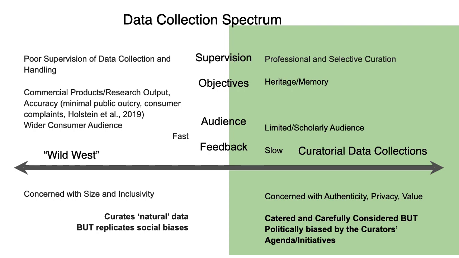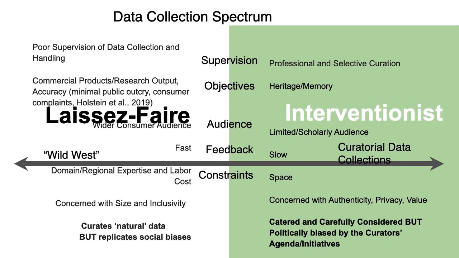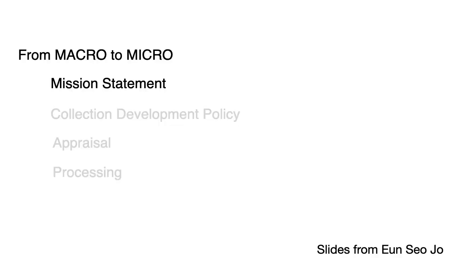But what we'd like to argue is that even in our case, it is biased by our agenda and initiatives. It's just that we don't really acknowledge them. So we call the Wild Wild West spectrum laissez-faire, and the other spectrum interventionist. And our argument is that we should move more towards an interventionist spectrum.